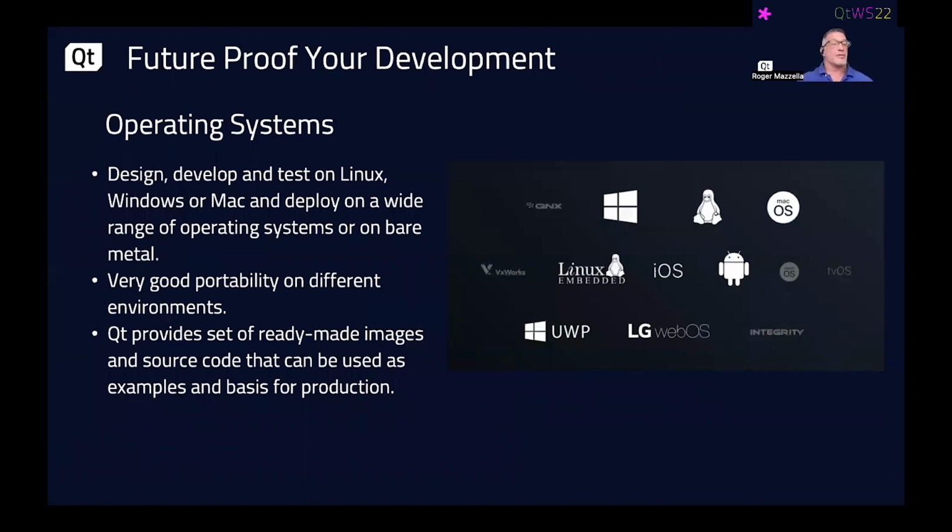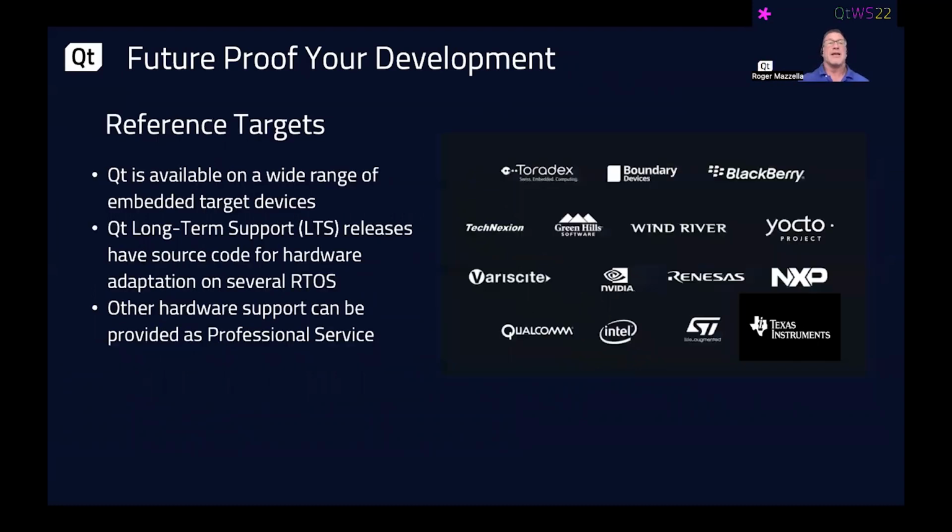So the final thing we want to talk about very quickly is future-proofing your development. As you know, Qt can go across different operating systems, right? And Qt can go across different reference targets, different boards. And you don't have to recode. If I go from a Linux operating system, let's say, to a BlackBerry QNX operating system, I don't have to recode things. If I go from an Intel chipset to an NVIDIA chipset, right?